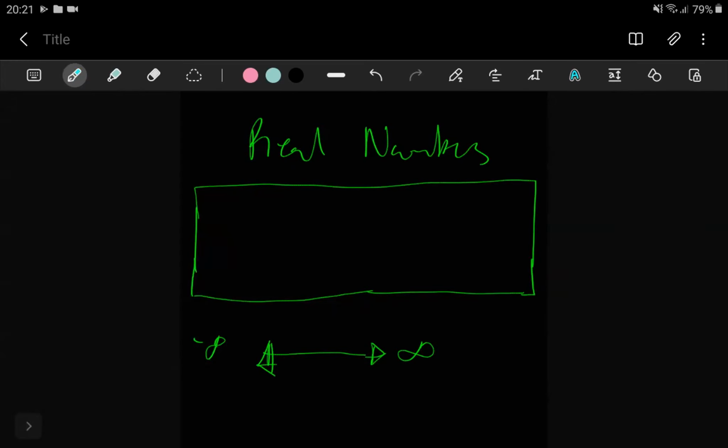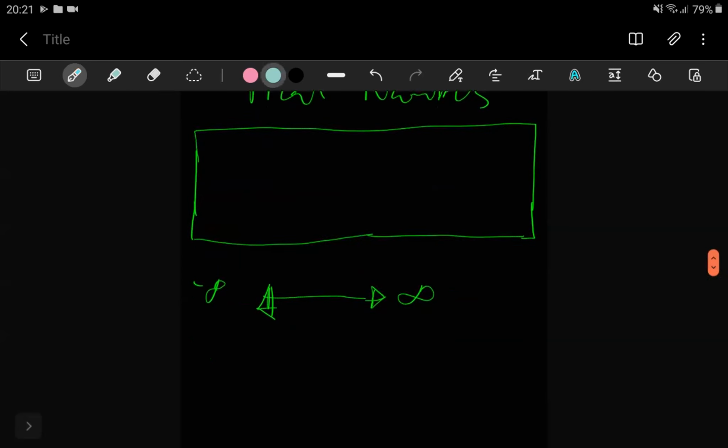The same way that in the universe you have different things. So with real numbers, let me list a few other types of numbers that you have. Within real numbers we have integers.